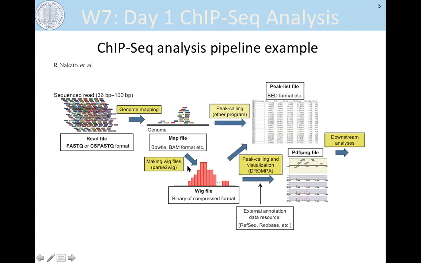So you can create files such as wiggle files, which will bin the reads into specific steps, which will help to compress the file so it's not too large depending on the resolution you want. And you can use these for different programs such as genome browser viewing and other downstream analyses.